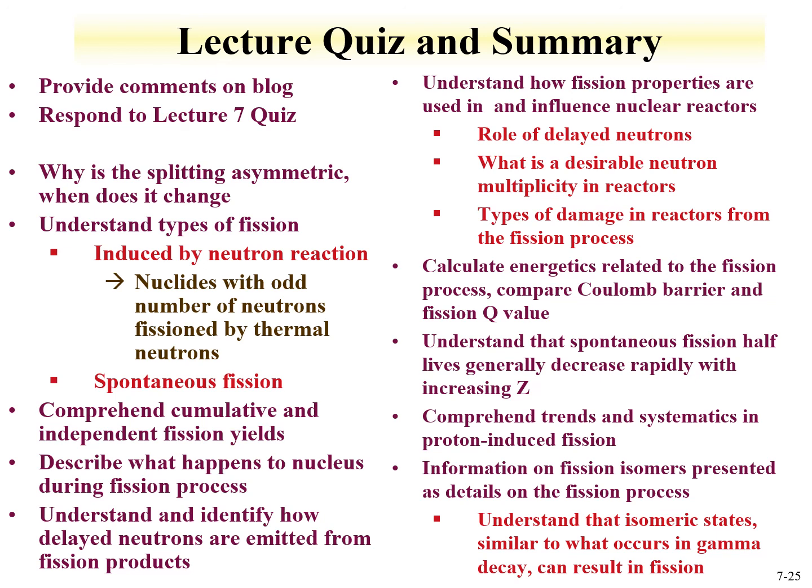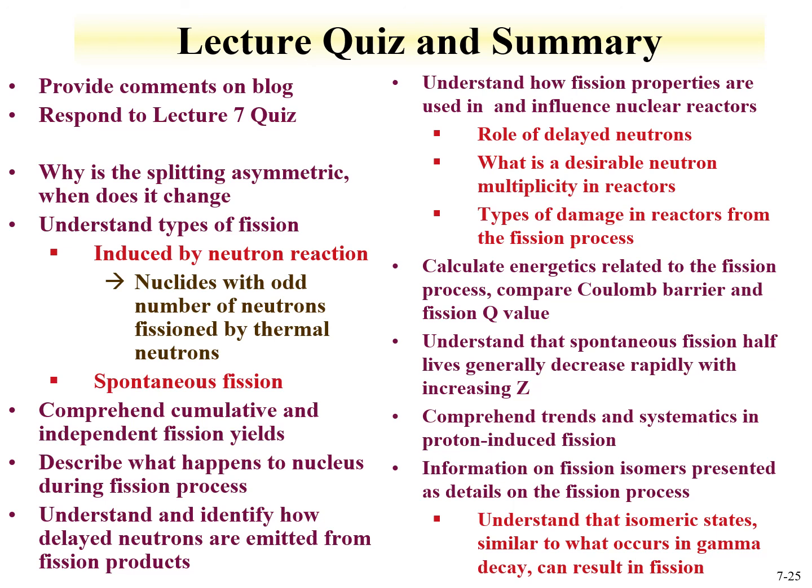From this lecture, you should be able to explain why the distribution of fission products is asymmetric in mass, and why this changes as the mass of the fissioning isotope increases.